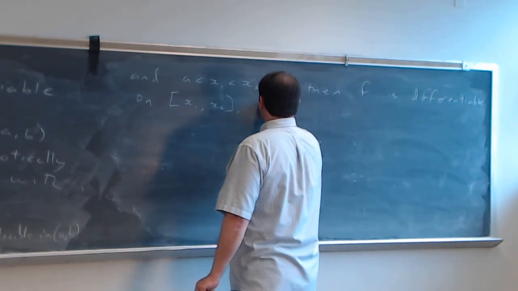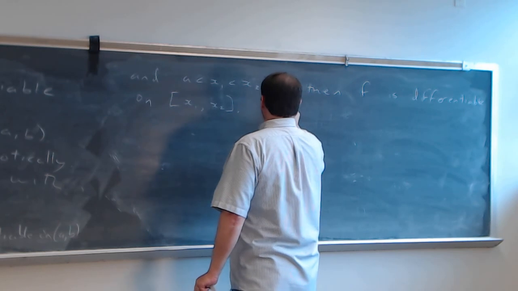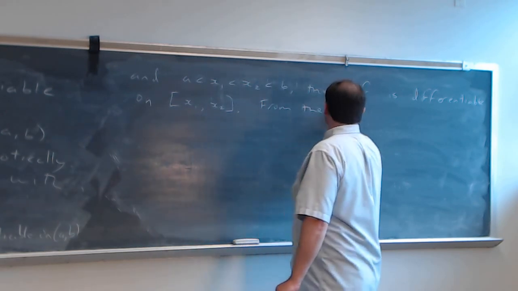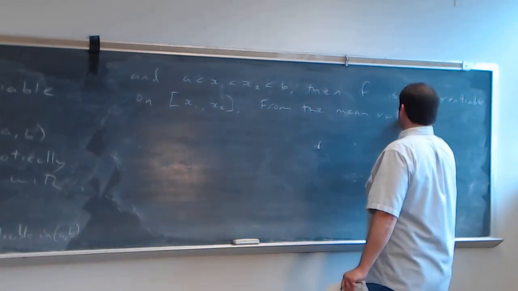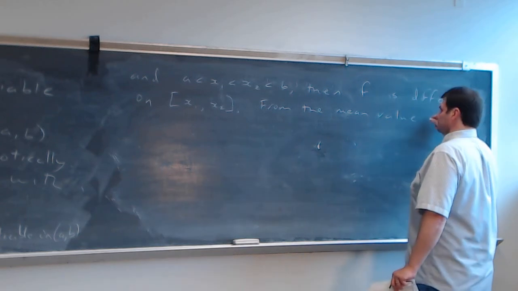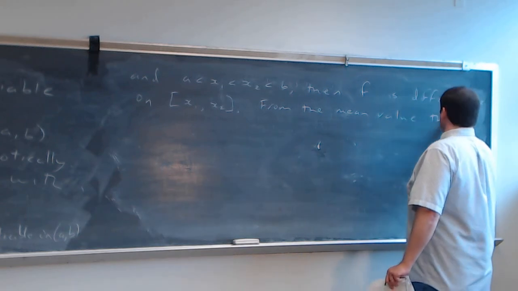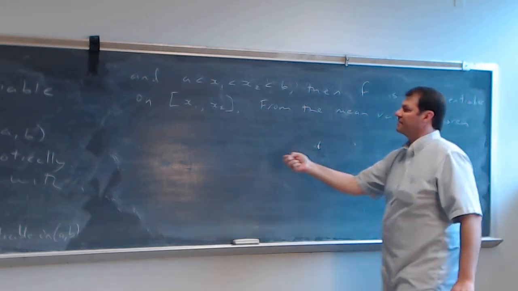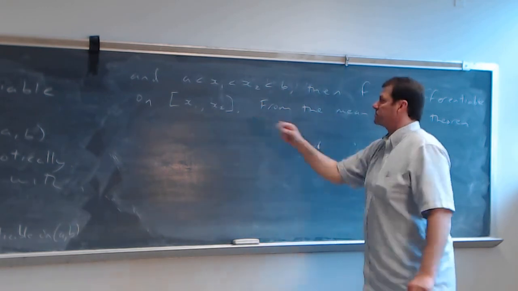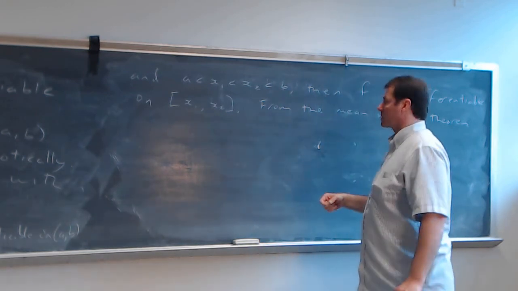So we can apply the mean value theorem to f. Why? Because f is differentiable on the open interval, and since it's differentiable on the closed, that means it's continuous on the closed.